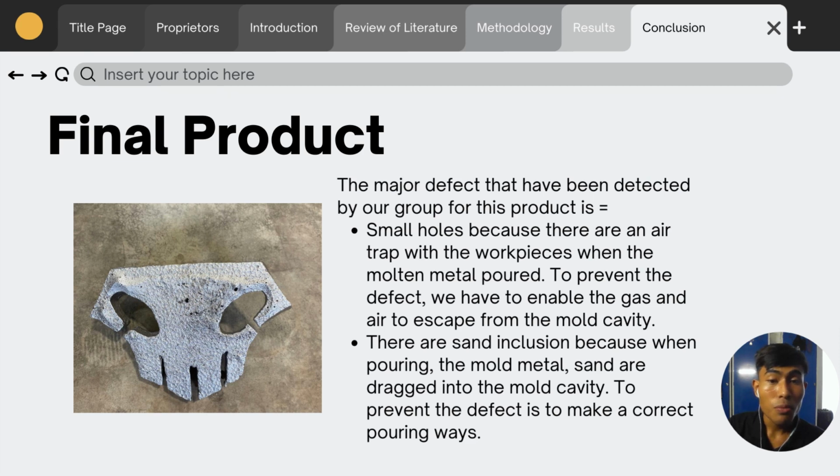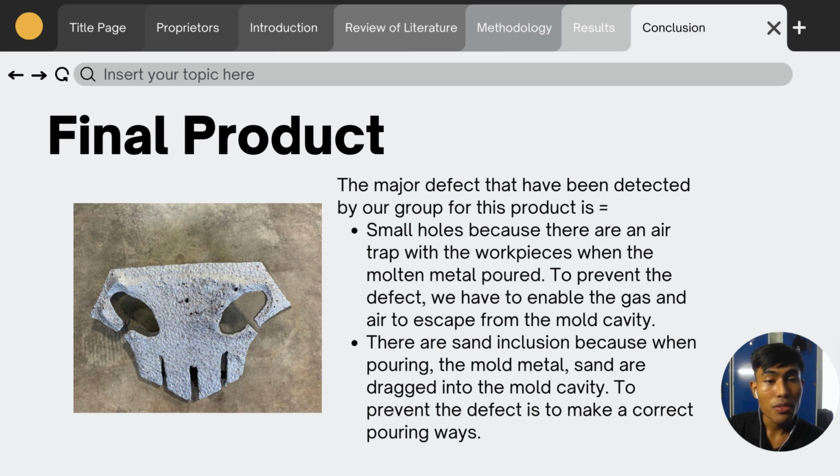Okay, for the final product of our design, there are a few major defects that have been detected by our group. For the first one, there are small holes on the product, because there is an air trap within the piece when the molten metal cools.